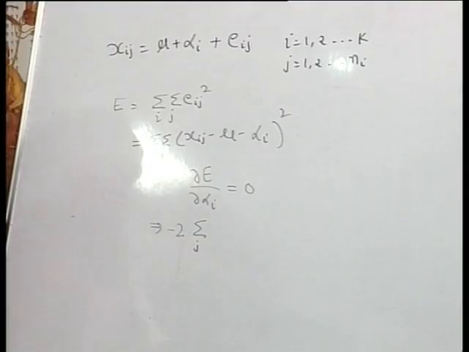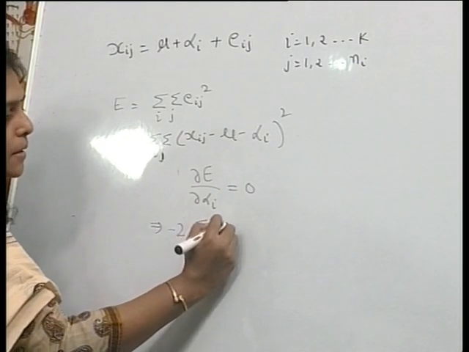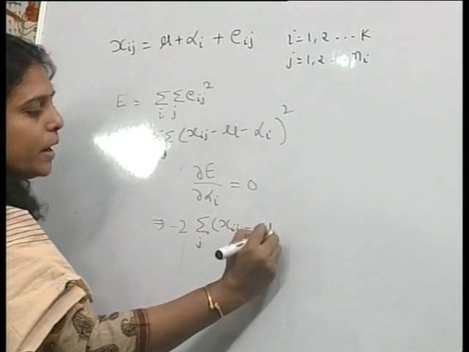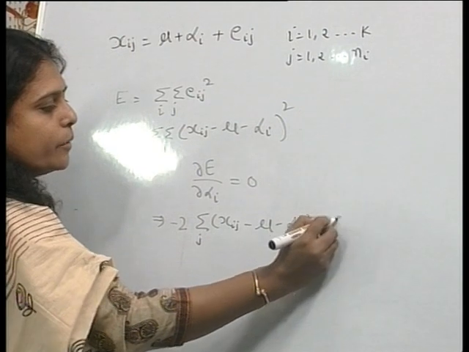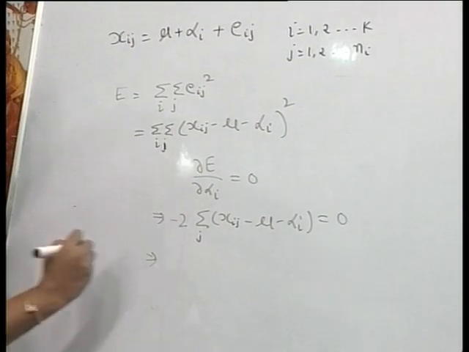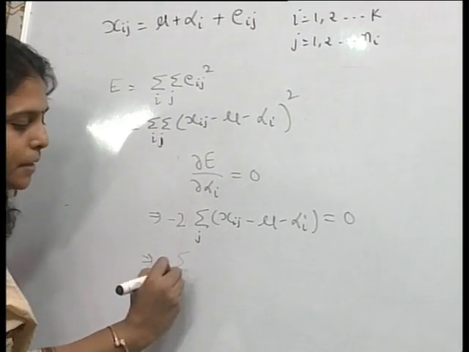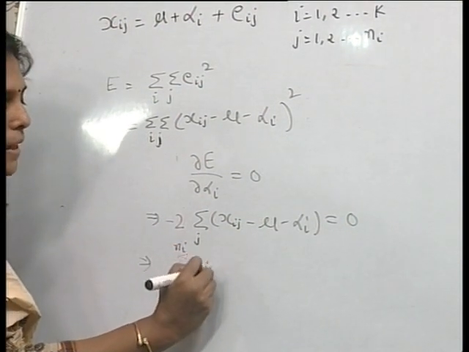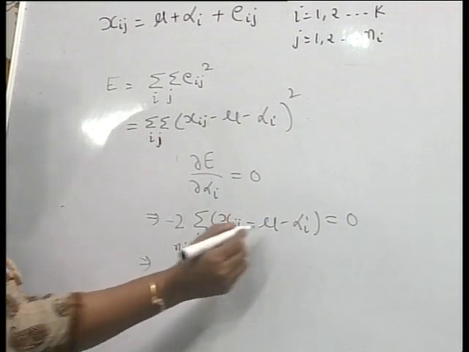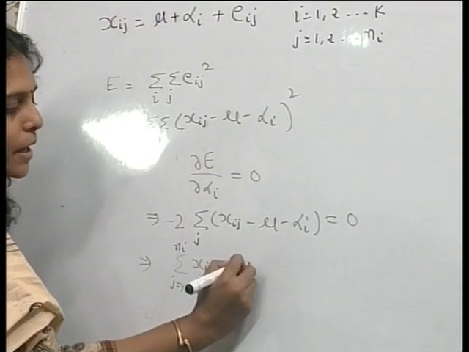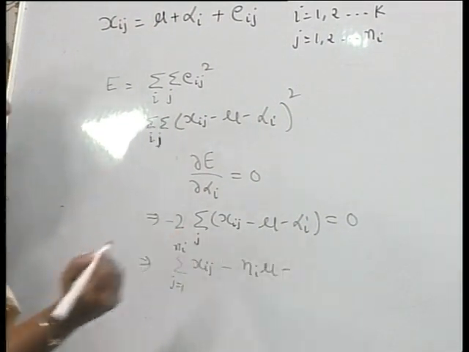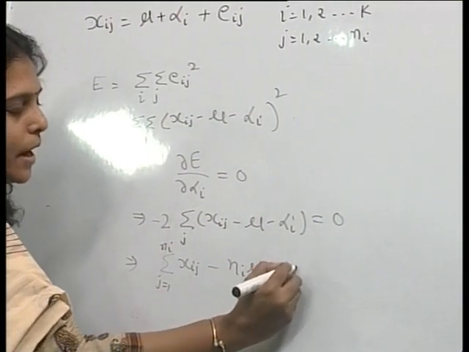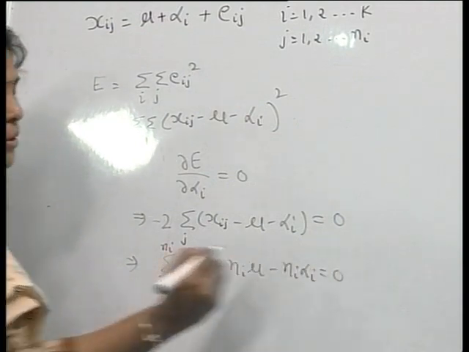Summation will be taken over j only, since the differentiation is with respect to alpha i, which gives us summation over j ranging from 1 to ni, Xij minus, mu is free from j, so we can write this as ni mu, minus, this term is also free from j, we can write ni alpha i equals 0.